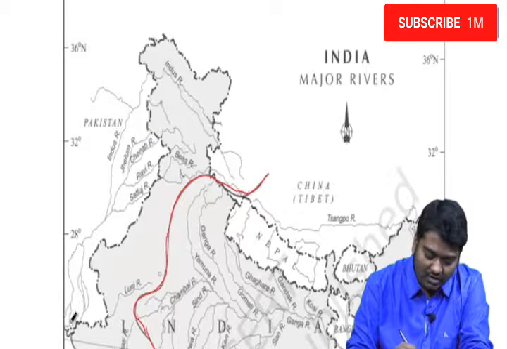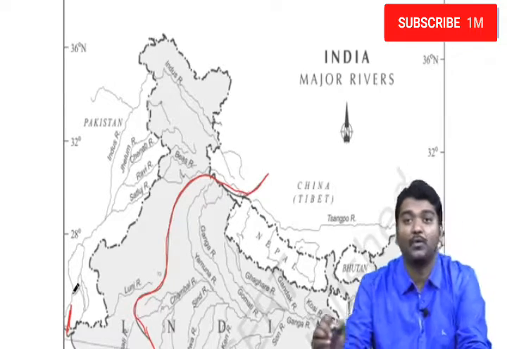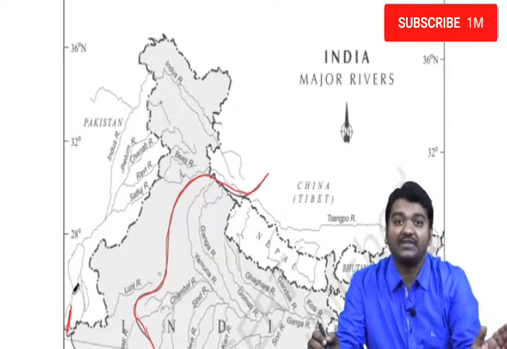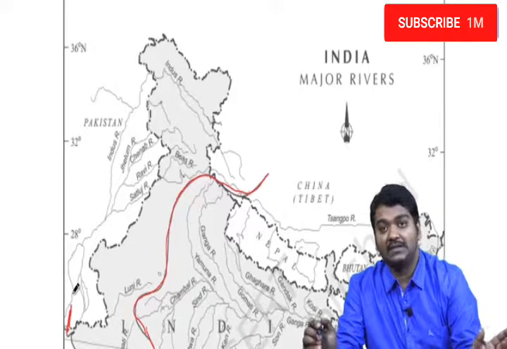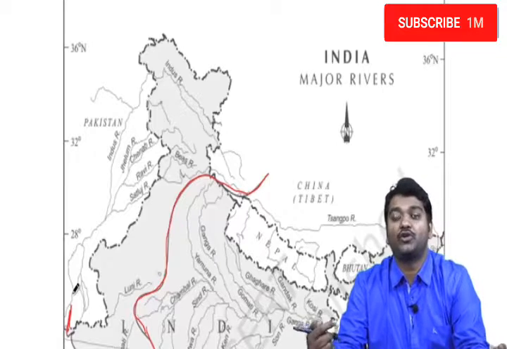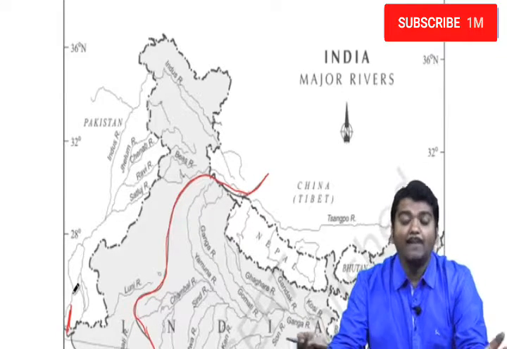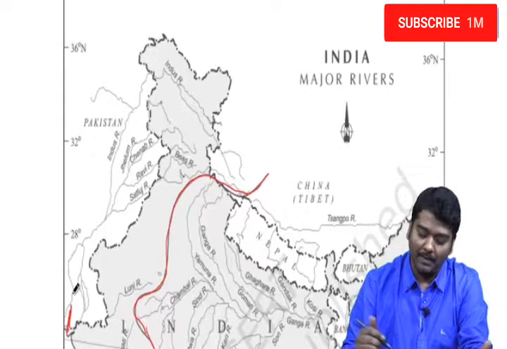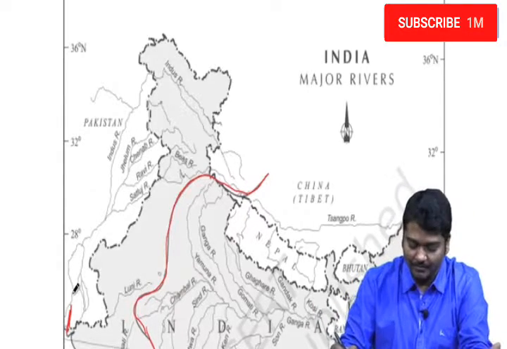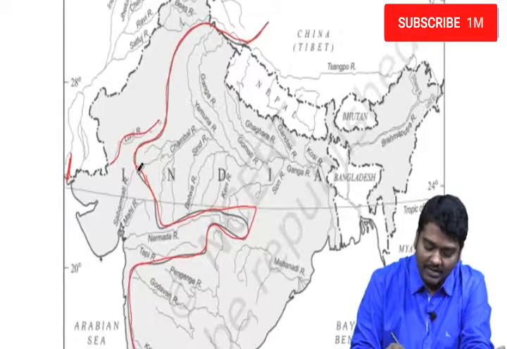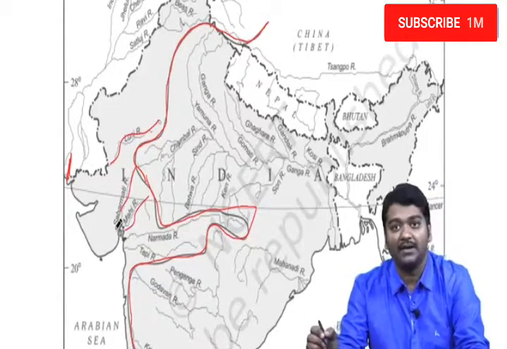It goes and joins near Karachi port. I have already told you, right? So Indus is a west flowing river, whereas Ganga and Brahmaputra are east flowing rivers. Whenever you are talking about west flowing and east flowing, please don't limit yourself to peninsula alone. You have to give the Indus water as well. And some examples of Luni river, Sabarmati, Mahi also come under this.